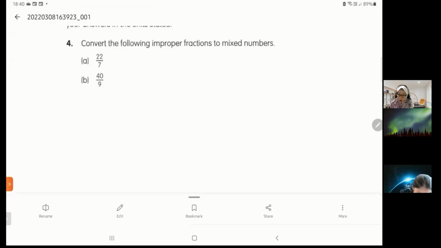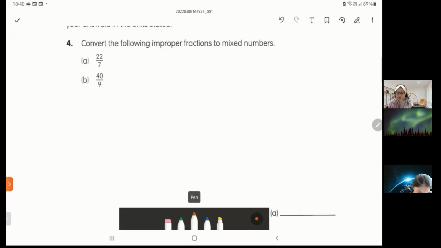Okay, question 4A. Converting the following improper fractions to mixed number means you'd have to divide. Okay, so for A, 22 over 7 means you're going to take 22 divided by 7. You may want to write it down here like that, also can. Or you can just put it at the side like this.